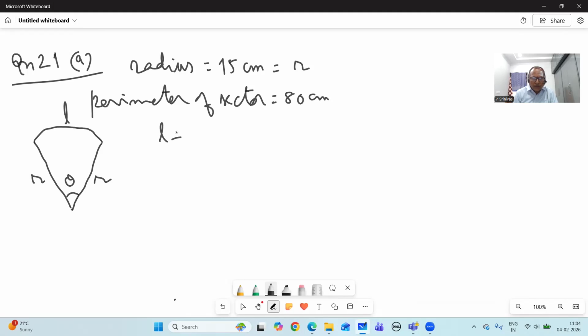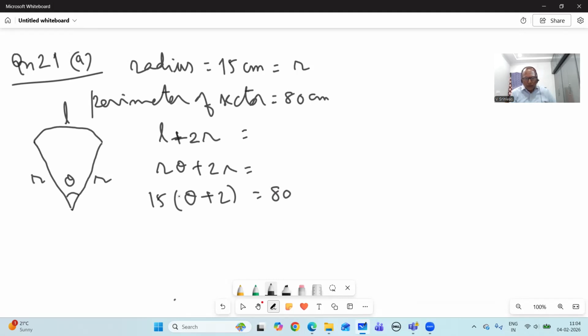It is l plus r plus r. And then l, what is l in terms of r and theta? It is r into theta. Arc length, the length of this curved arc is r into theta, plus 2r is given to be 80 centimeters. I'm taking r out, so it is 15 into theta plus 2 is equal to 80.